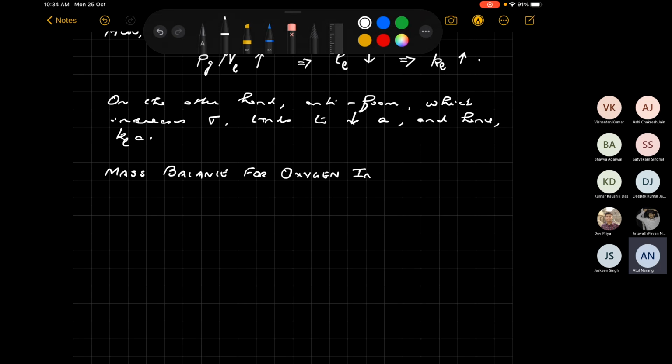It'll turn out that we have two different balances: one for the oxygen that is in the liquid phase, and one for the mass balance that is in the gas phase. So there are two different.